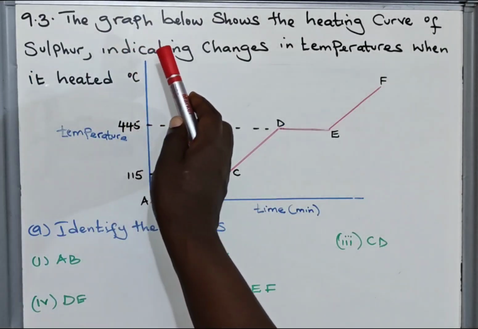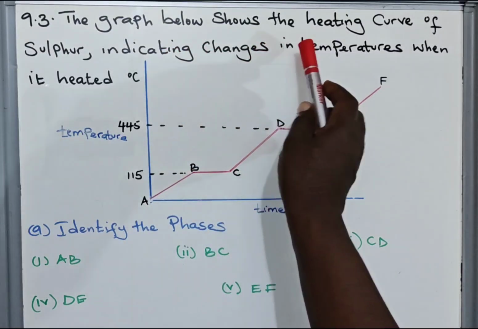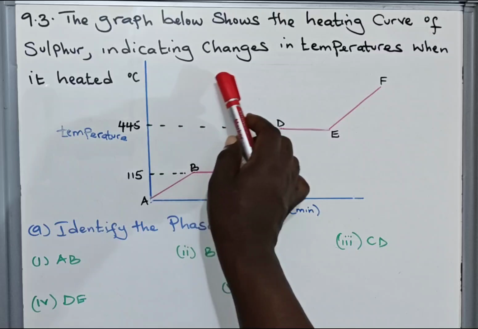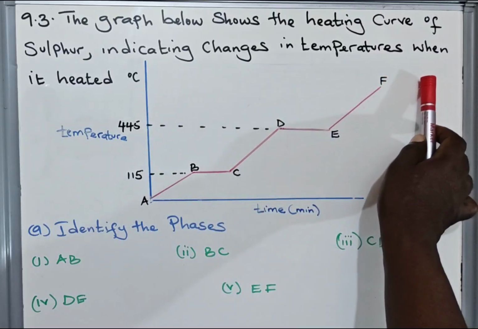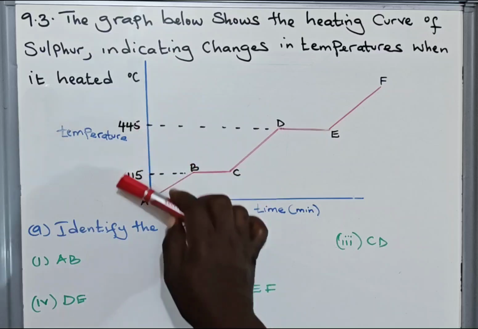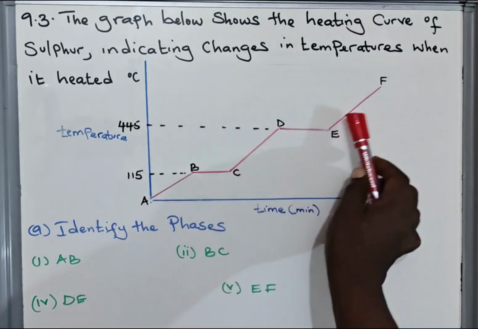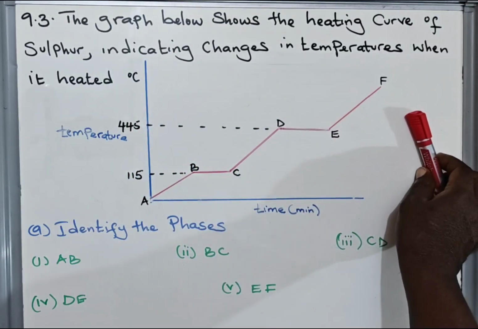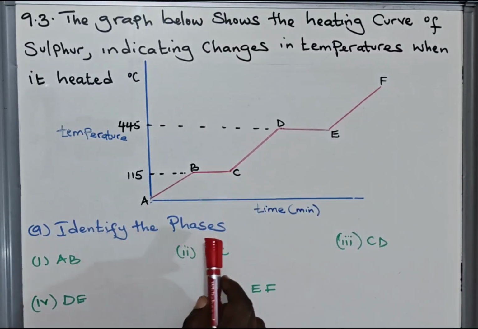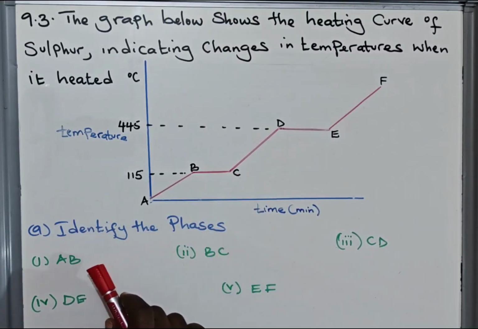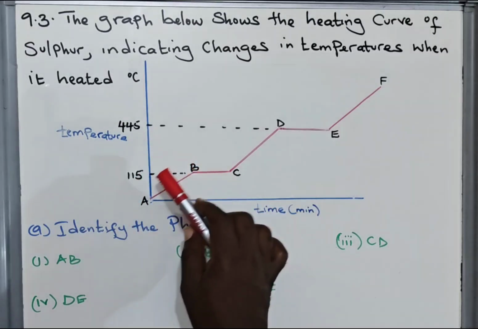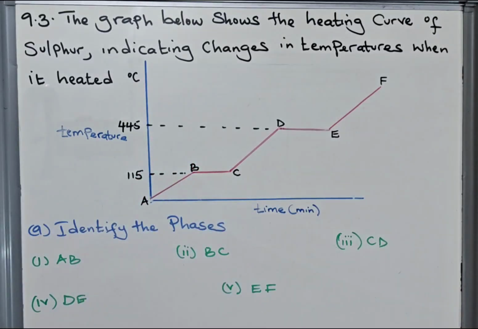It says that the graph below shows the heating curve of sulfur, indicating changes in temperature when it is heated. So this is the graph we are having, and we are looking at these changes. The question says, identify the phases. Which phase is existing between A and B?